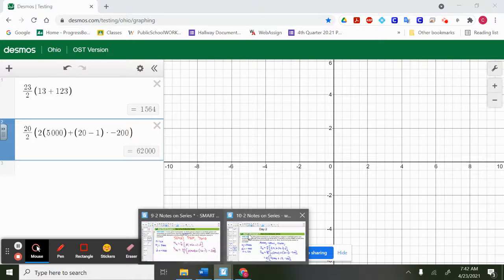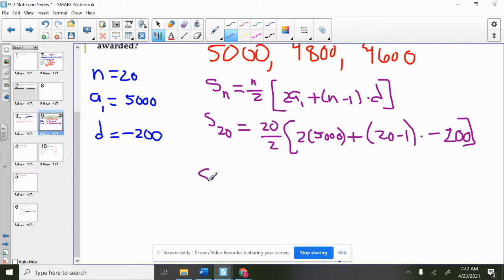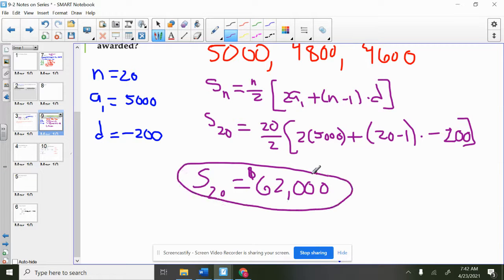So I'm adding all of these up. This final answer means that the person in charge is going to be spending a total of $62,000 for this tournament. Another application is, let's say you have an auditorium where the first row starts with 10, the second row has 12, and the third row has 14. You can calculate how many total seats the auditorium would have.